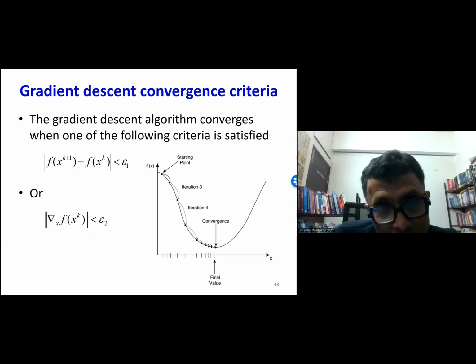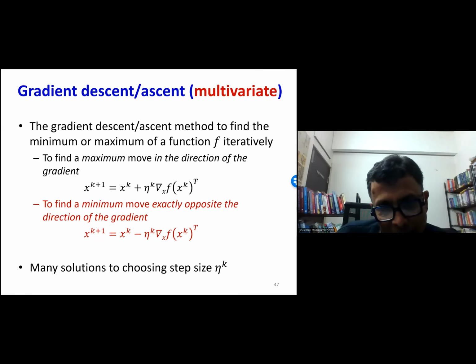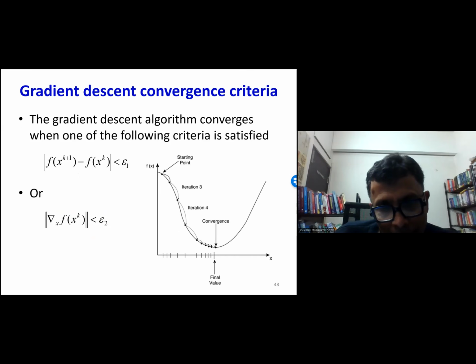But here's another thing: when do we stop? If you follow this rule, the gradient descent rule will keep decreasing your function, right? Eta is the learning rate, this constant here. Okay. So when do we stop?